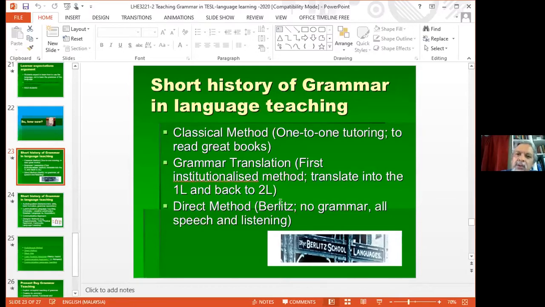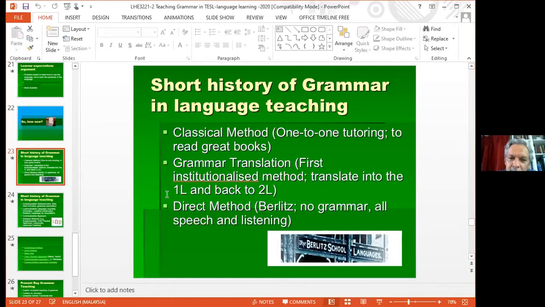When you had the audiolingual method, the emphasis changed slightly to listening and speaking. And with listening and speaking, I think we can understand that grammar will not play that much of a role, or it will play a secondary role. The emphasis in the audiolingual method is to use the language, especially in speech.